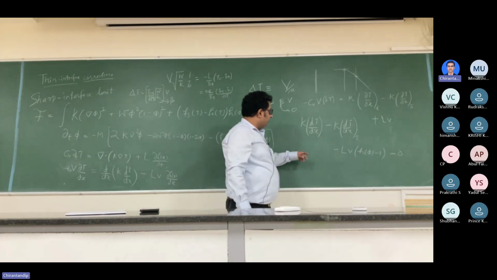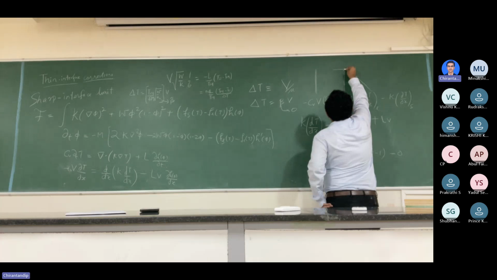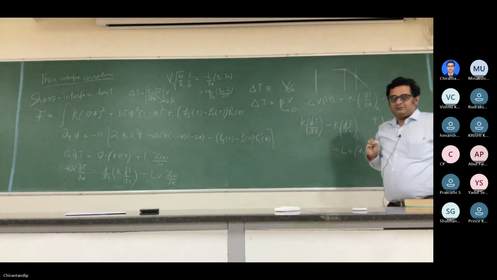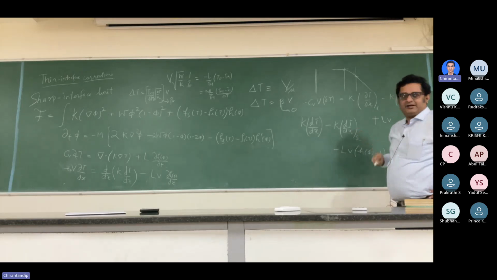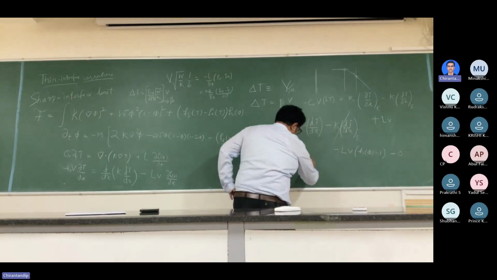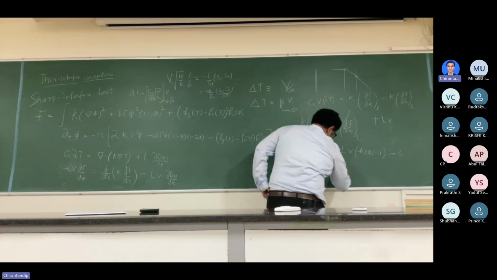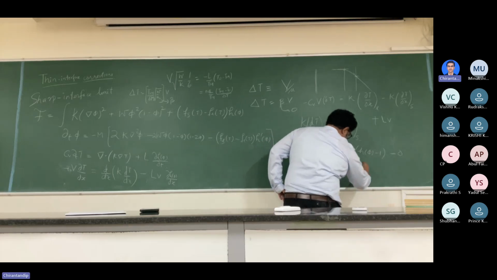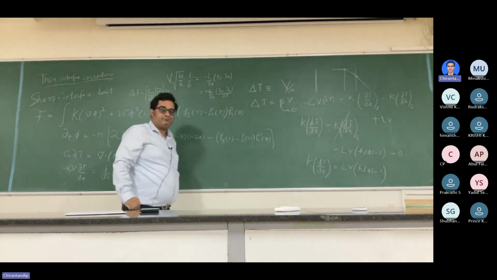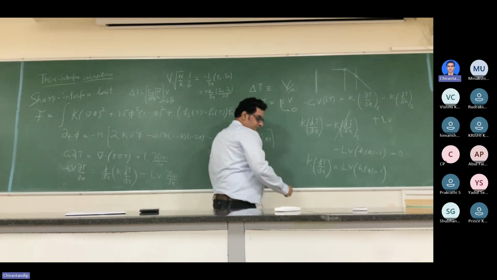Now, there is one more constraint over here. The dT by dx, as I have drawn, this is the temperature over here. I'm going to assume that the temperature in the solid is uniform, so the dT by dx on the solid side is assumed to be vanishing, which means h of T minus 1. Correct? So what is the nature of this evolution equation?